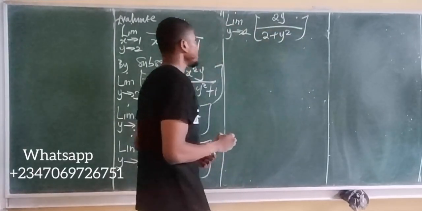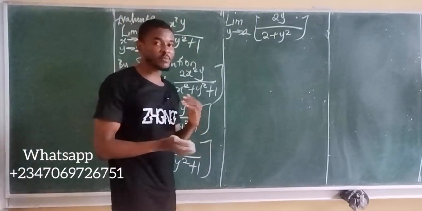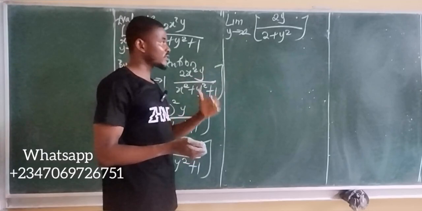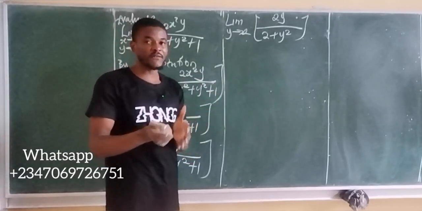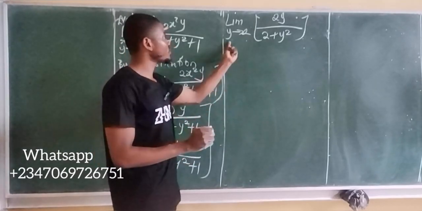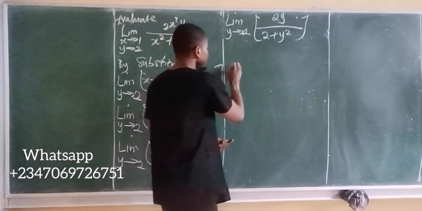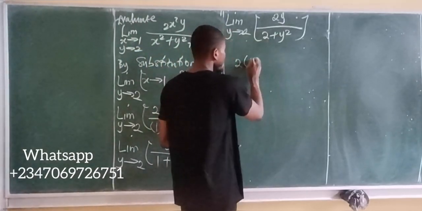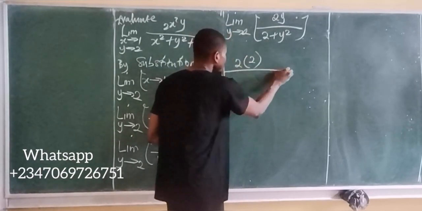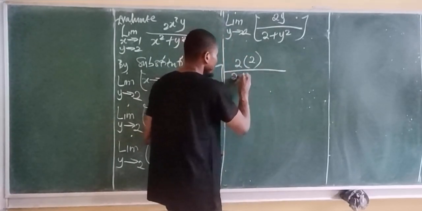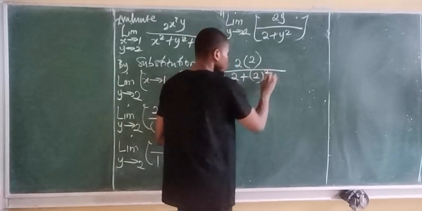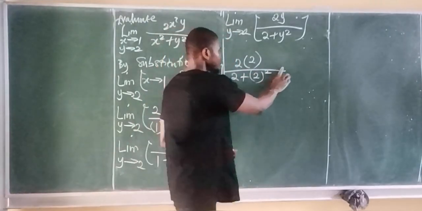Now at this point I will simply put in the value of y as 2, and then see if the limit will fail or it will be defined at that point. So we'll simply put in y as 2. This simply gives us 2 into 2, all over 2 plus 2 all squared.